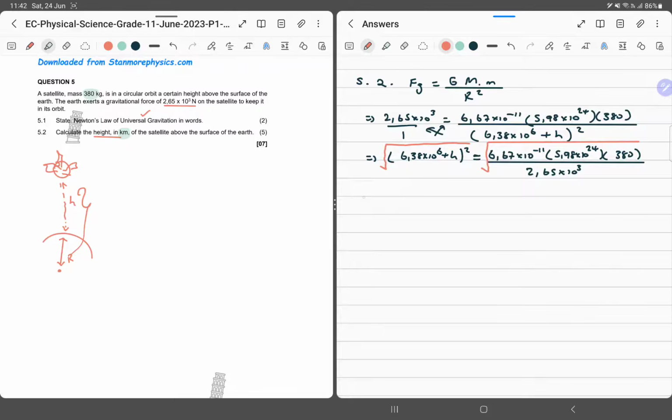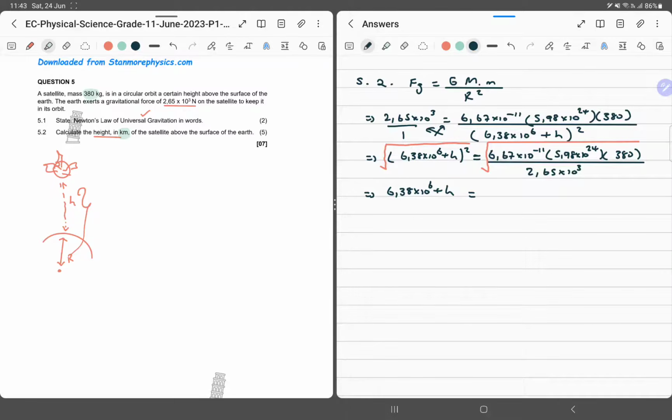Okay, so this implies that 6.38 times 10 to the 6 plus h is going to be whatever we get. So now let's just do it. So this is 6.67 times 10 to the minus 11 into 5.98 times 10 to the 24 times 380, divided by 2.65 times 10 to the 3.